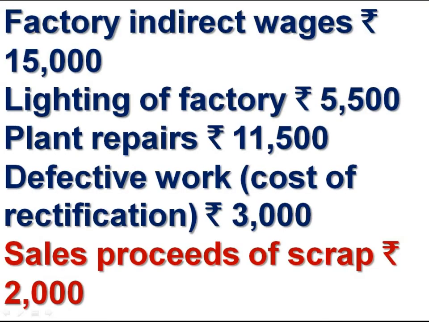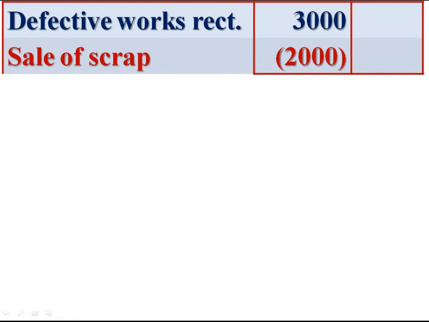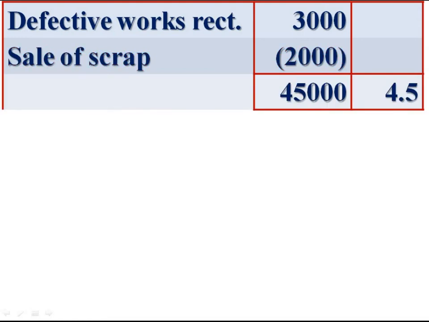Then we are given sale proceeds of scrap. It is an indirect income, so it is to be deducted from factory overhead. Less sale of scrap. Add the 5 items of factory overhead, then deduct sale of scrap. We get total factory overhead rupees 45,000, rupees 4.5 per unit.